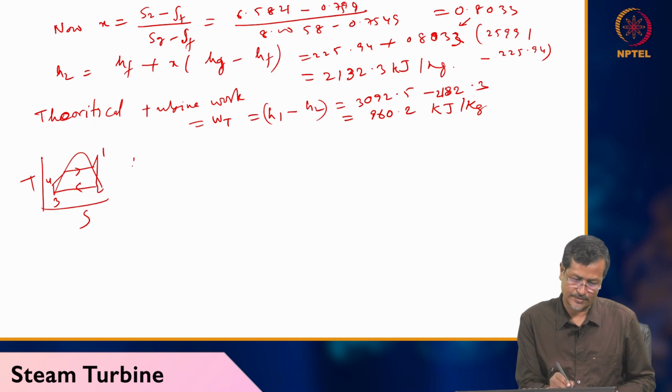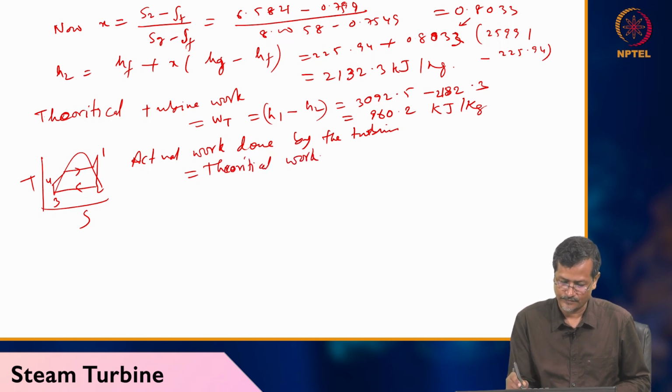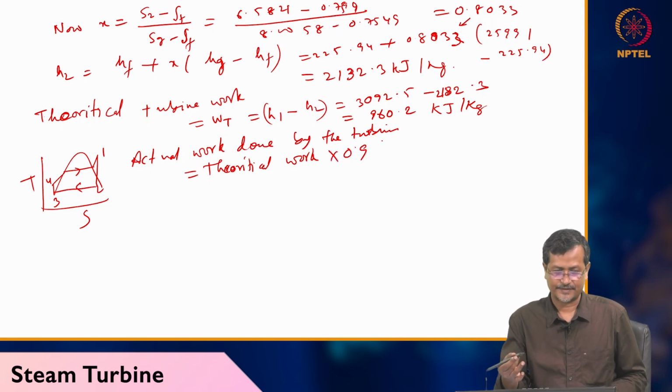Now the actual work done by the turbine. The theoretical work multiplied by 0.9. Here some energy is lost, because theoretical means ideal, and practically we are getting a little bit less.